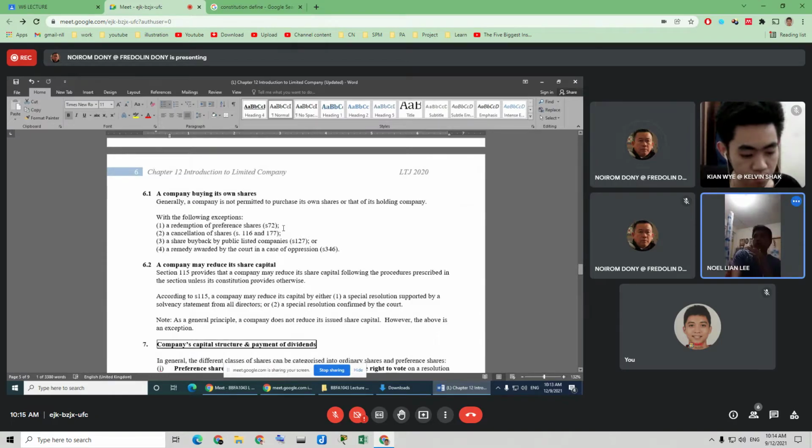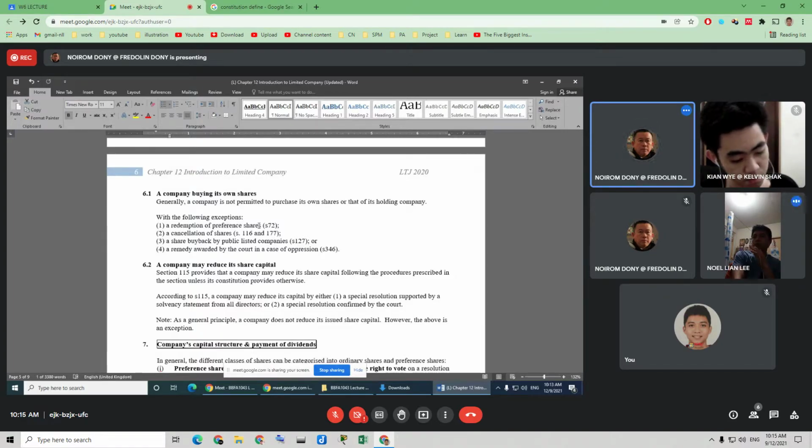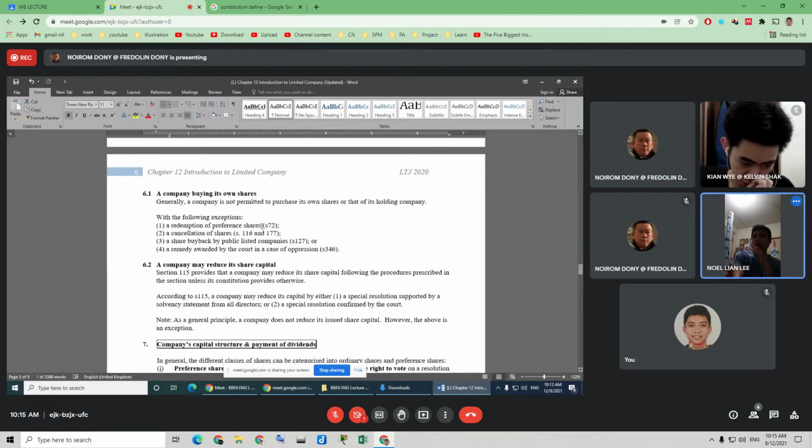Okay, means if they buy the shares, they don't have to distribute the dividends, right? Oh, you mean the dividend. When they already redeem the preference share, the next year there will be no more dividends given to the preference share. It will be reduced. Oh, okay.